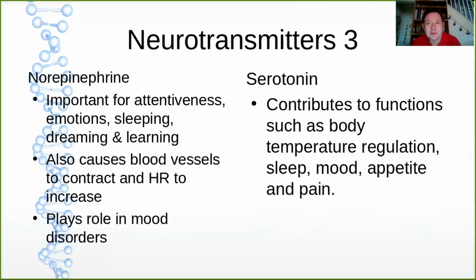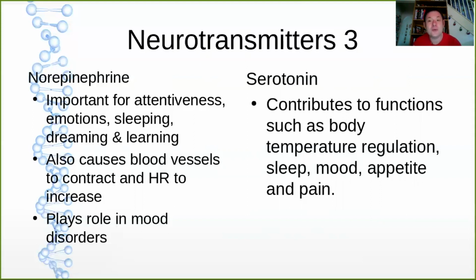To give you an example, the drug ecstasy, MDMA, what it does is it causes huge amounts of serotonin to be released from your neurons into the synaptic cleft. And for any of you that have taken this drug, you will realize that the sensation you feel is one of empathy. You feel connected to the people around you.